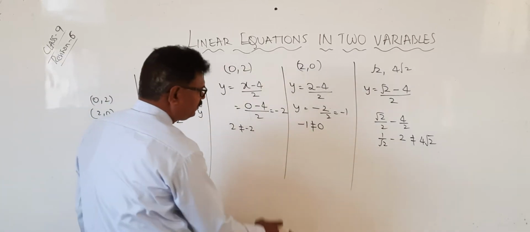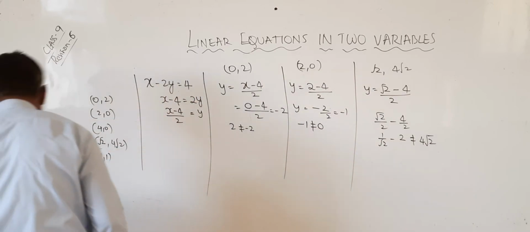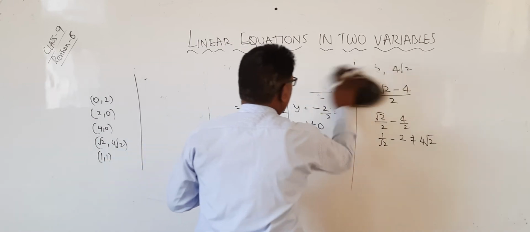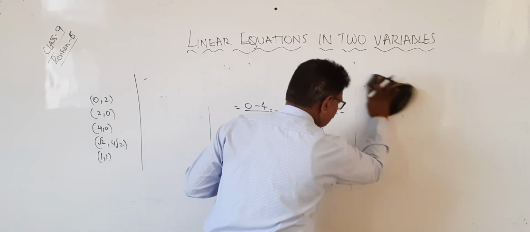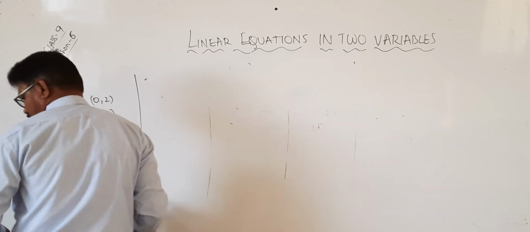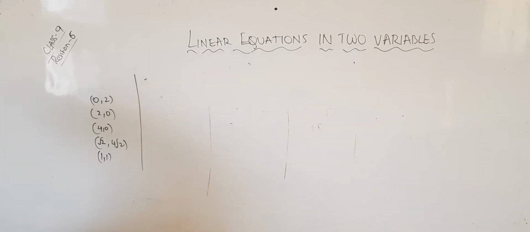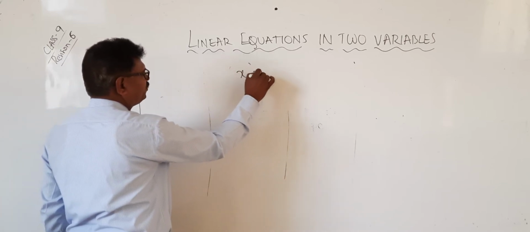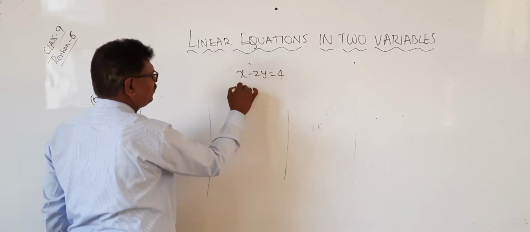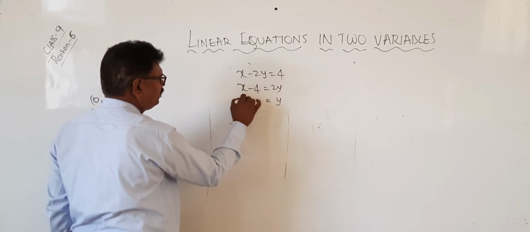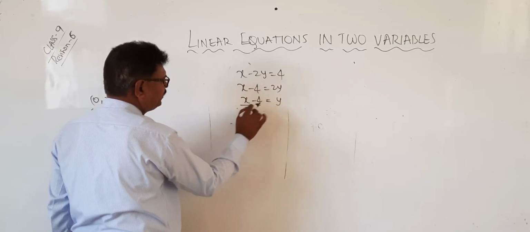Next one. So x minus 2y equal to 4. Therefore, x minus 4 equal to 2y, y equal to (x minus 4) divided by 2.